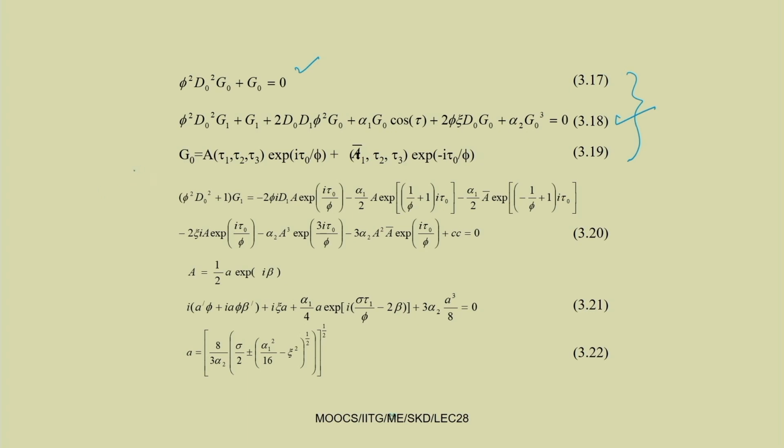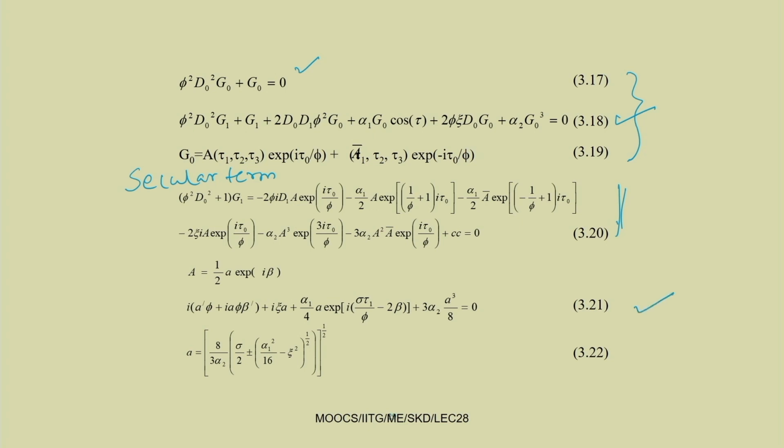So, eliminating the secular term, we get this equation, and in this equation we substitute a in the form of a complex number. It can be written in its polar form, that is half a e to the power i beta, and substituting that there, we get this equation.